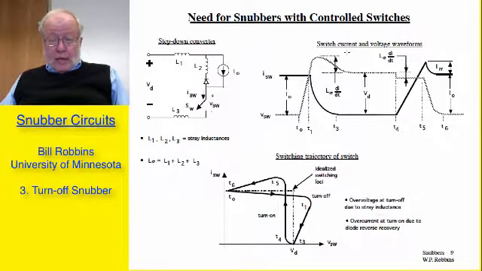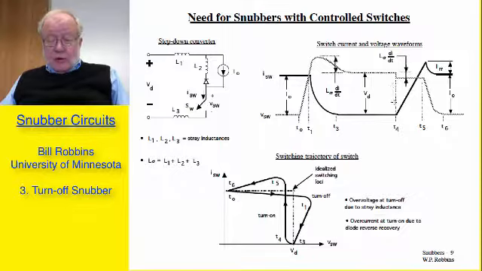If we look at the waveforms for the current through the switch and the voltage across it as a function of time, during turn off, the switch current begins to decrease after the voltage across the switch reaches its value V sub dd. We have an overvoltage on the switch because of the stray inductance.